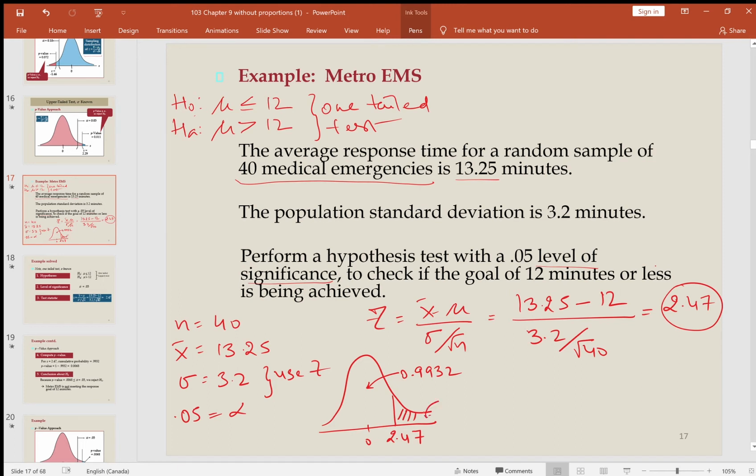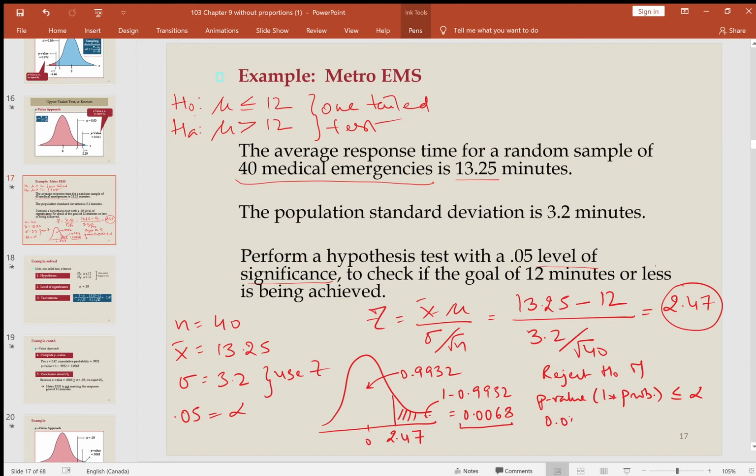So this area is going to be 1 minus 0.9932, which is equal to 0.0068. Now remember we reject null if p-value, and this is a one-tailed test, so p-value is 1 times the probability, is less than or equal to alpha. So probability is this 0.0068, that is the p-value.